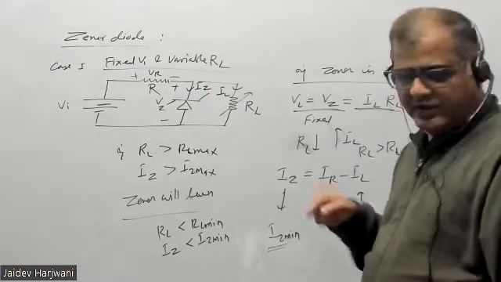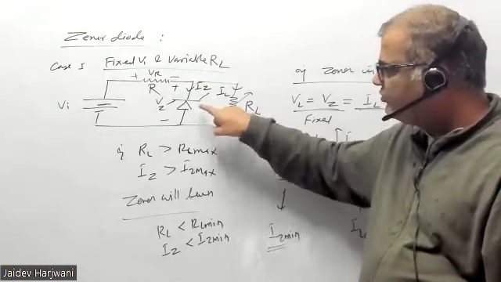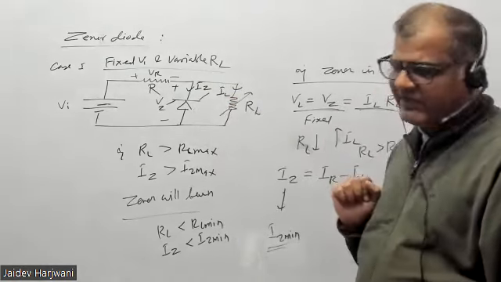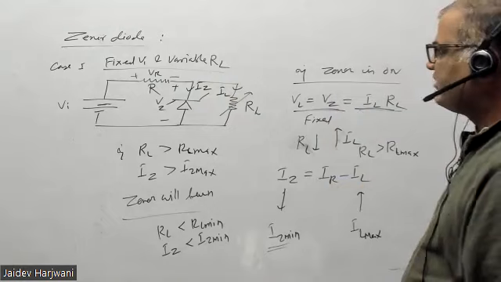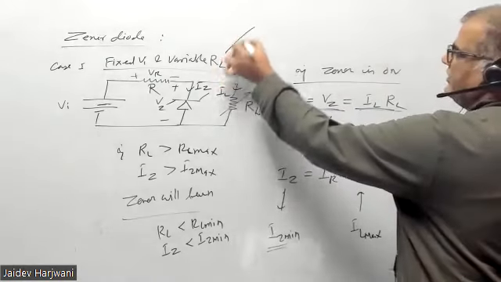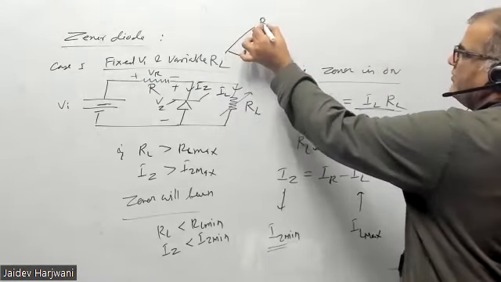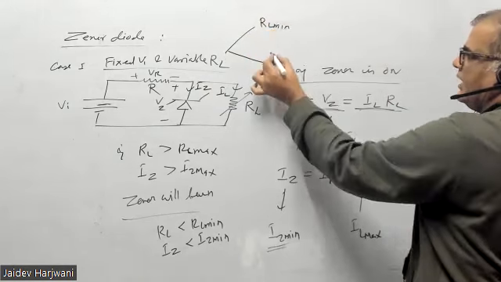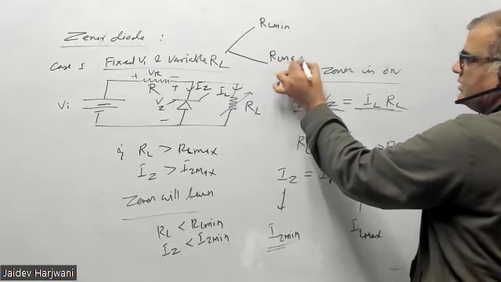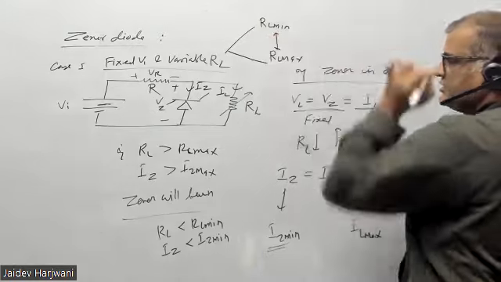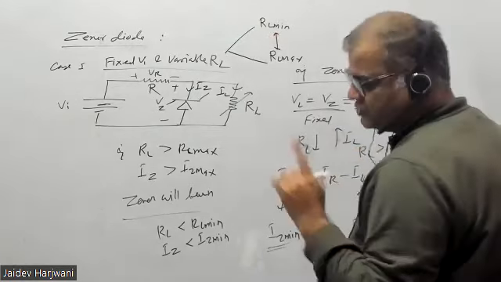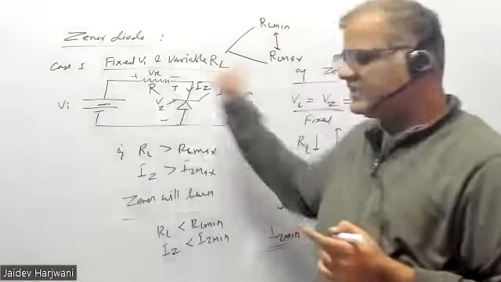So in order for the voltage here to be equal to VZ, it should have some minimum value. That's why we say that RL has two values: one is RL minimum and the other RL max. In between these two regimes, you should choose the RL for a given circuit.